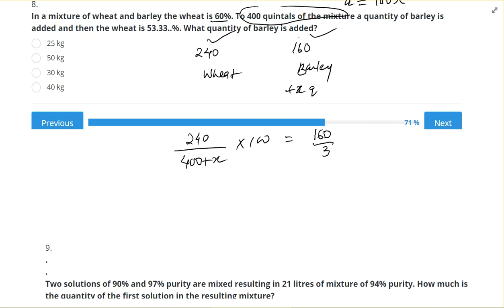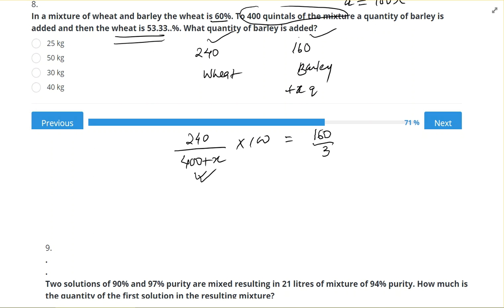This is the percentage of wheat. Sorry for the mistake. 240 quintals is wheat, 160 quintals was barley, X is added. Total mixture is 240 plus 160 plus X, that is 400 plus X, and wheat is still 240. So 240 by 400 plus X into 100 is 160 by 3 as per the question, because 53.33%.